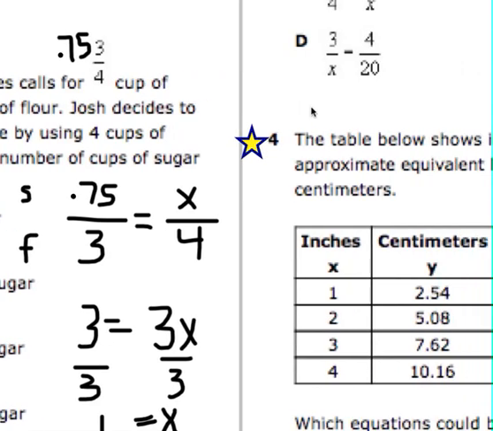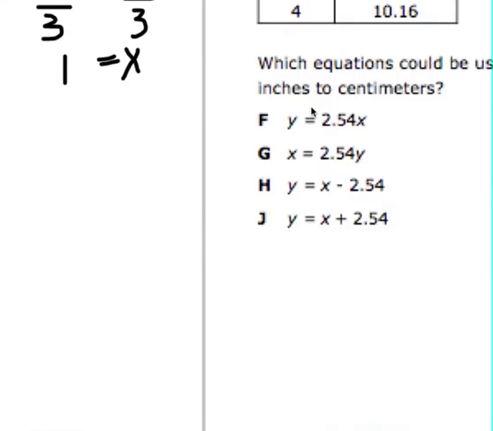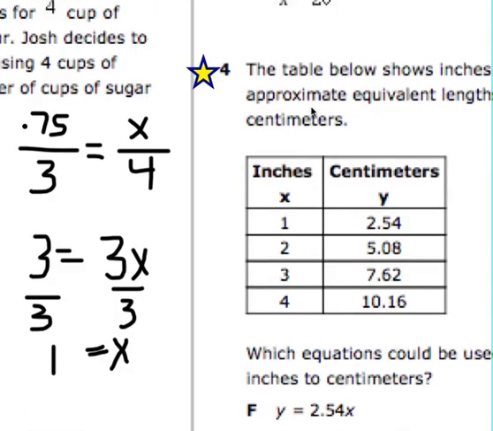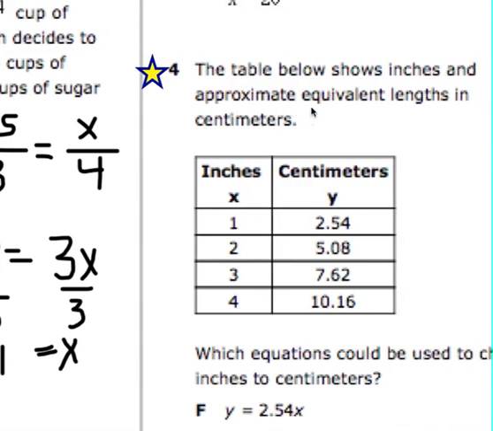Let's look at problem 4. Problem 4 is an example of a situation where we're looking for the unit rate of how much this is changing. So let's look at how it changes and see if we can see the pattern. If we subtract 2.54 from 5.08, we get 2.54.